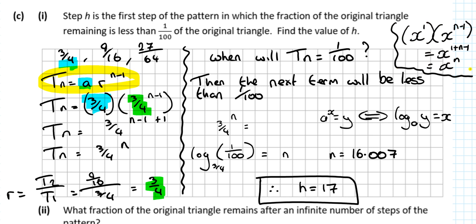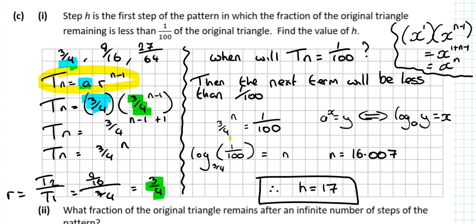So this is rough work here, so that's why we get down to this point right here. That's the general term for the fraction of the original triangle left. So when will Tn be equal to 1/100? And then the next term will be the term where it's less than it. So this is Tn equal to 1/100.